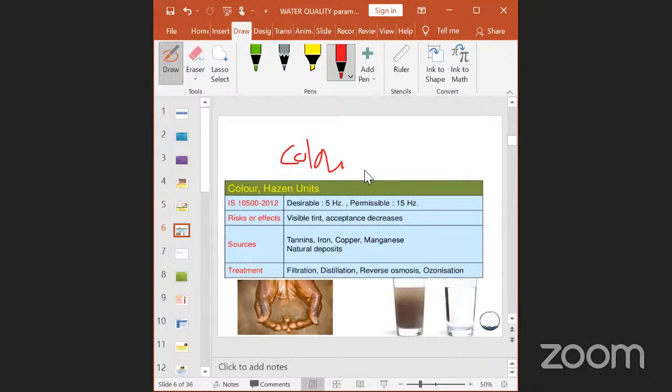Material decayed from organic matter, namely vegetation, and inorganic matter such as soil, stones, and rocks impart color to the water. For example, iron oxide.